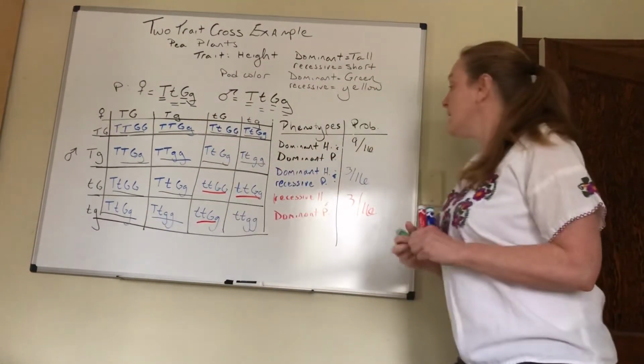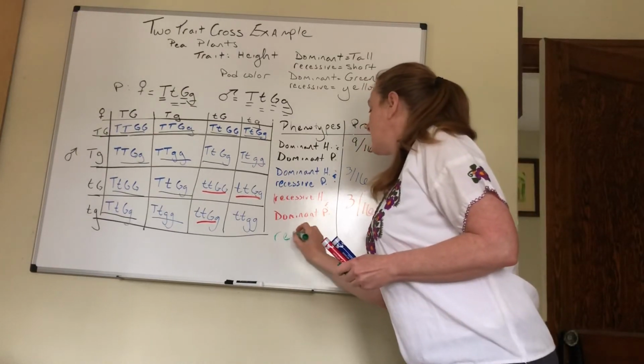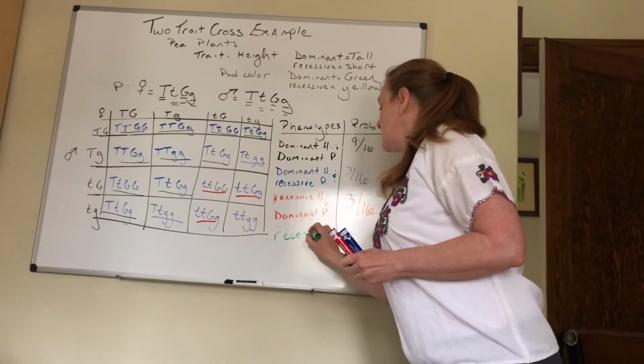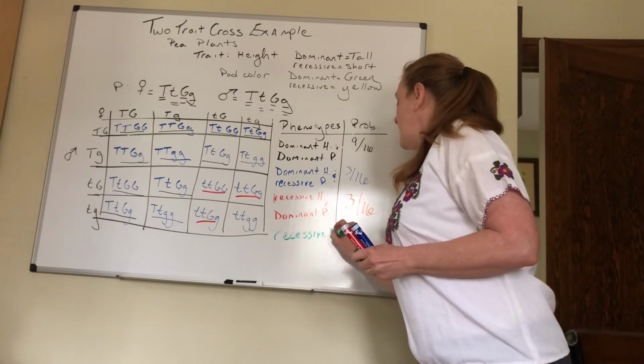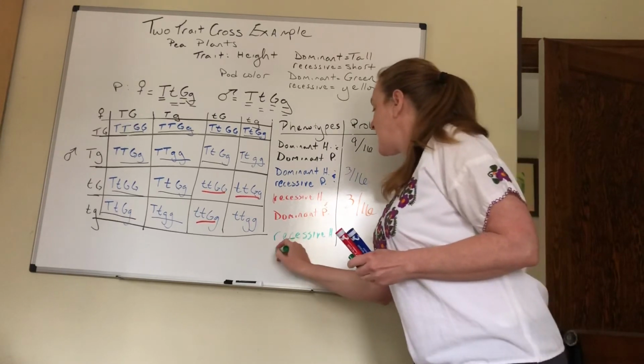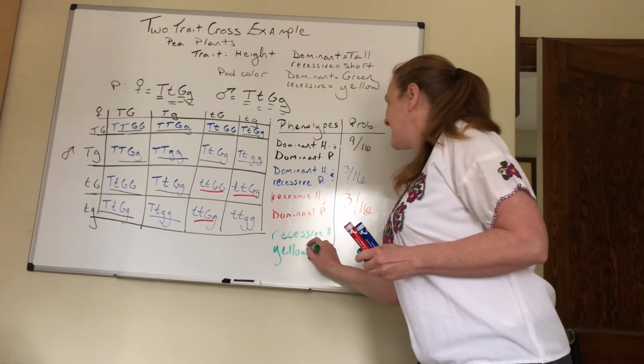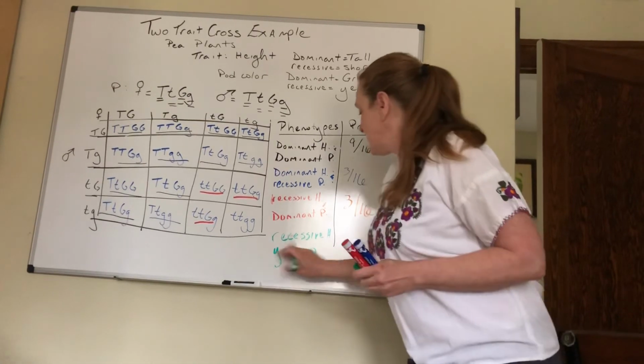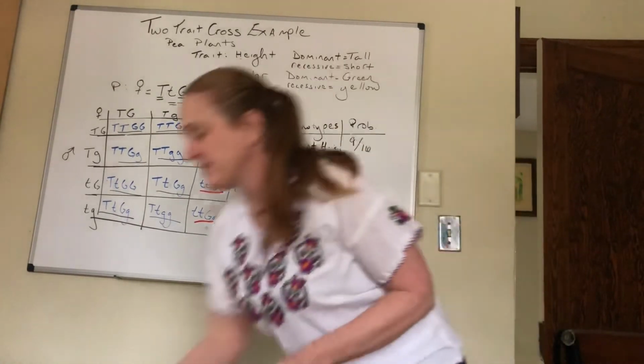And then finally, how frequently will I have plants that are recessive for height, so they're short, and are showing us that yellow recessive pod color?